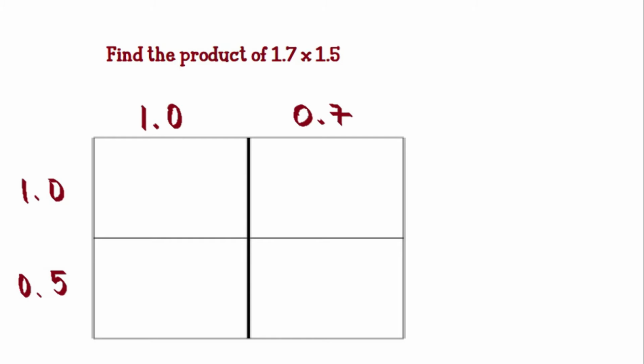Now I'm going to multiply each one of these digits, and I'm going to use the quadrants to record the procedure. I'm going to start here with 1, this one here, times this other one up here.